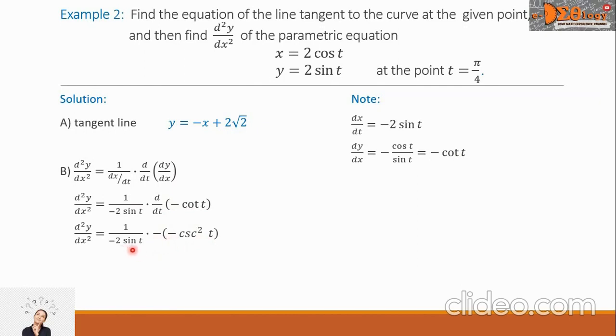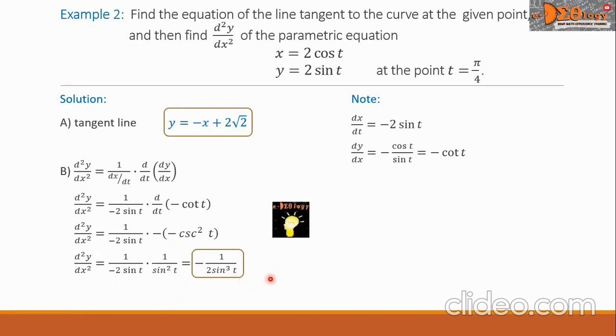Also, we can see that we have a sine t here. This cosecant square t is related to the sine, so we can take the reciprocal. So we have this expression to be 1 over sine square t. There are sine functions in the denominators respectively, so we can combine them together. And this is now equal to negative 1 over 2 sine cube of t. This is our final answer.